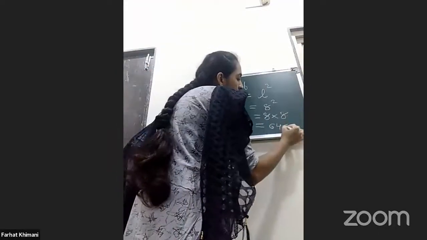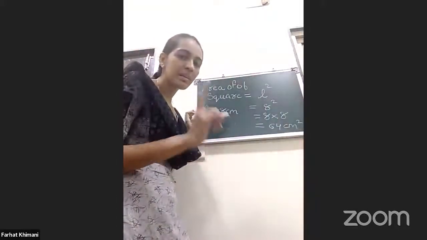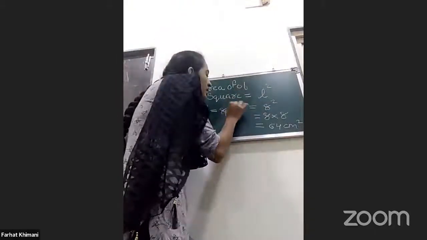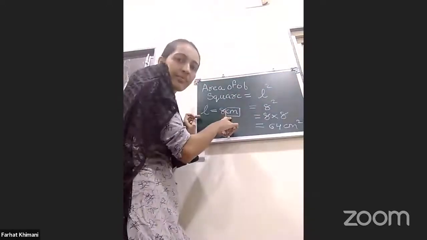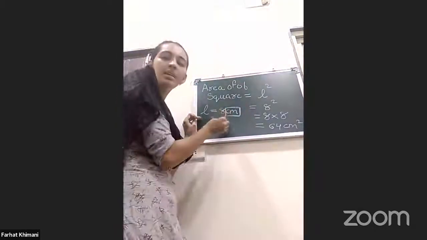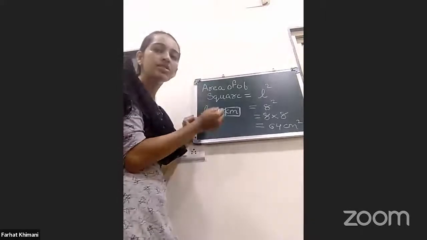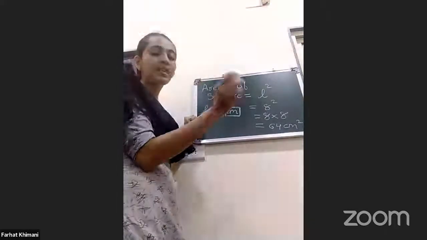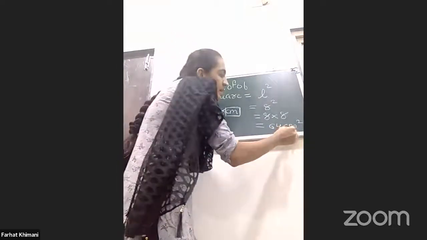64 centimeter square. Now, one more thing to remember about a square is that whatever unit we have with the measurement, maybe it's centimeter, inch, meters, anything, when we get the answer in area, we say it's centimeter raised to 2.